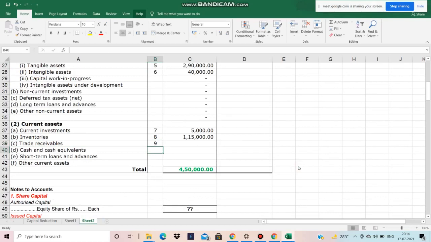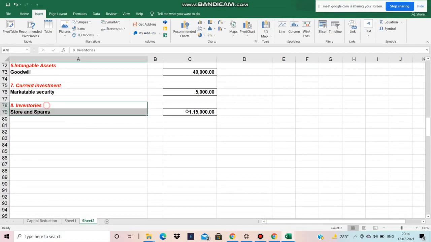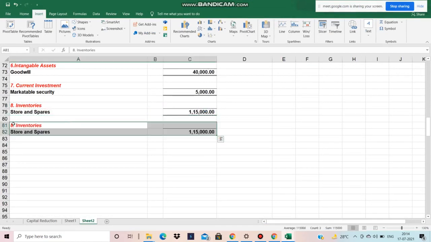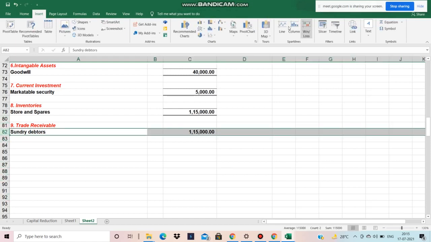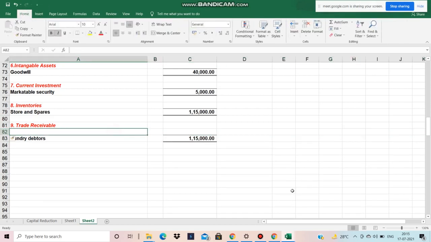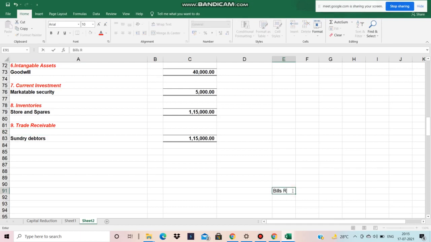In note number 9, trade receivable, there are sundry debtors and bills receivable. Two items are there.